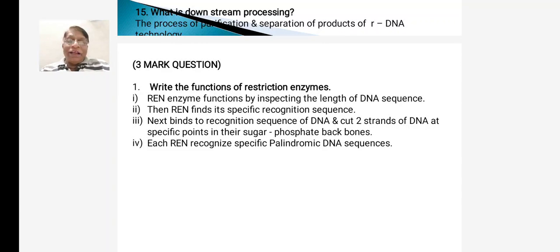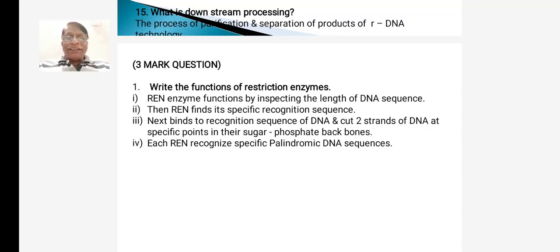Secondly, the restriction enzyme finds its specific recognition sequence. I already told you about the recognition sequence.